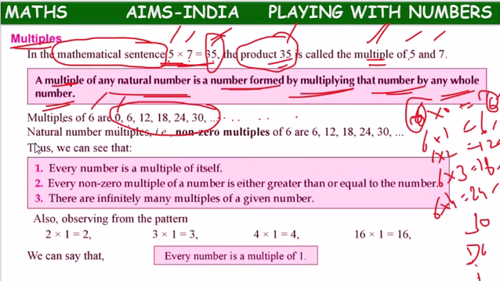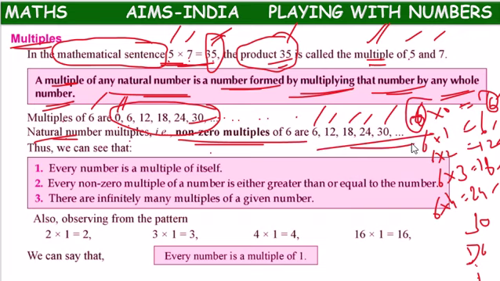If they ask only for natural number multiples, or only non-zero multiples, then we cannot include this 0. So then we write 6, 12, 18, 24, 30 from the 6 table. Multiples of 6 means whatever results you get in the 6 table: 6 ones are 6, 6 twos are 12, 6 threes are 18. All those numbers you can write.